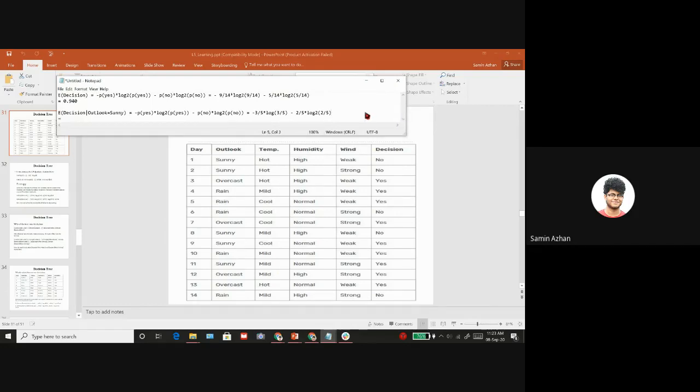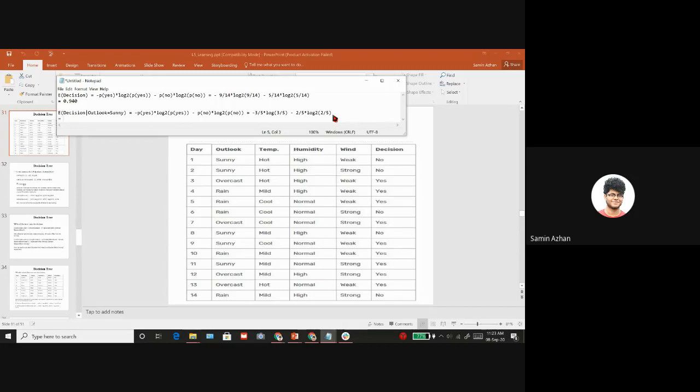Let me put that in a calculator and see the value. When you're putting it in the calculator, remember this is log base 2. If you're using just log, that would be base 10, so you will not get the right answer.